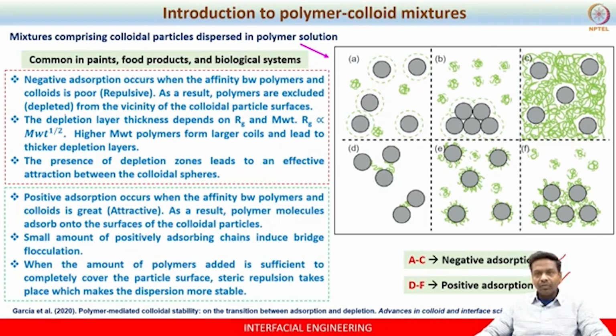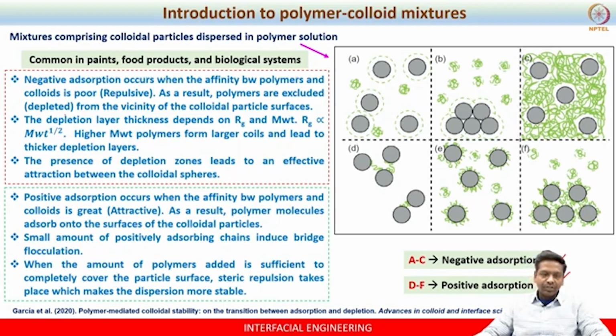In such a scenario, polymer molecules will be excluded from the vicinity of the particle surface, which means they get segregated into a separate phase, because the polymer and particle surface do not share a great affinity among themselves. So these polymer molecules get excluded from the vicinity of the particle surface, such that each is segregated into different phases.